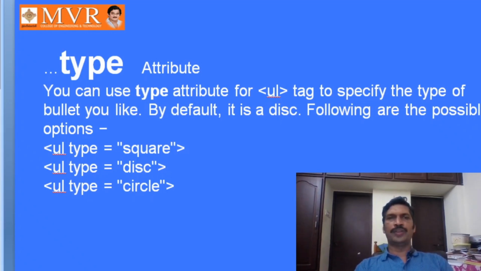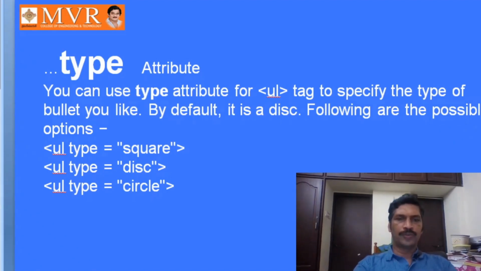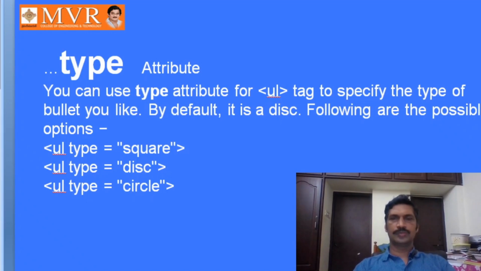Here I am placing a list without any type, Control C to copy, Control V, and here I am placing type equal to circle. Type equal to circle means this list will be displayed with circle markers.